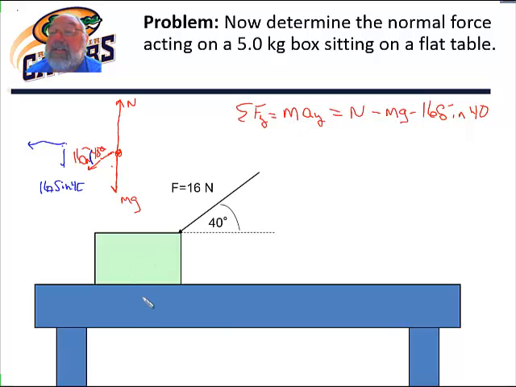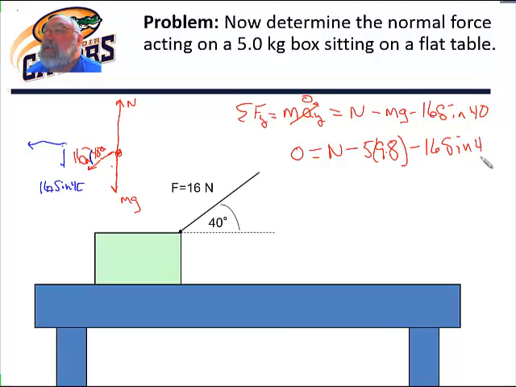The box is not accelerating through the table, so the sum of the forces is equal to 0, which means that 0 is equal to the normal force minus the weight, which is 5 kilograms times 9.8 meters per second squared, minus 16 sine 40 degrees.